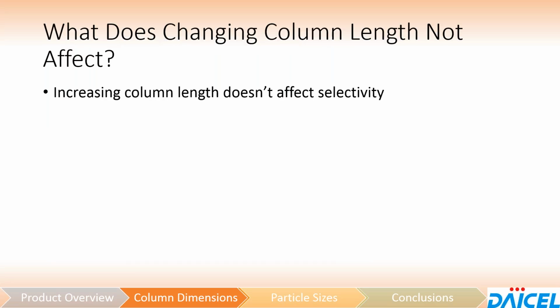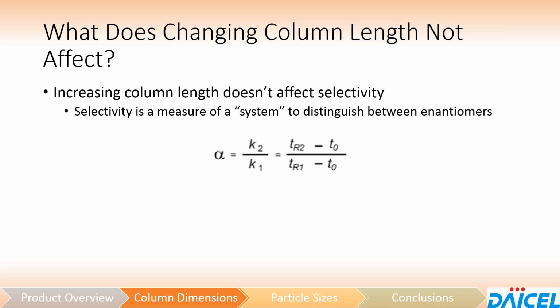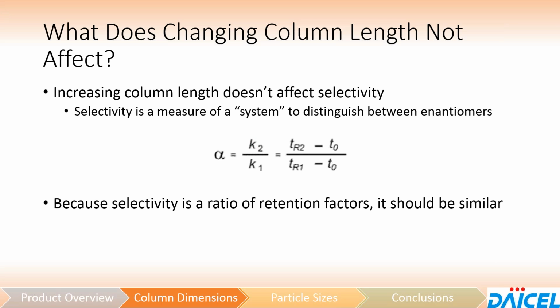What else does changing column length not affect? It does not affect the selectivity. Selectivity is a measure of a system, in our case a chromatographic system, to distinguish between enantiomers. As you can see, the equation for alpha, for selectivity, is essentially just the ratio of the retention factors. Because selectivity is a ratio of retention factors, it should be similar.